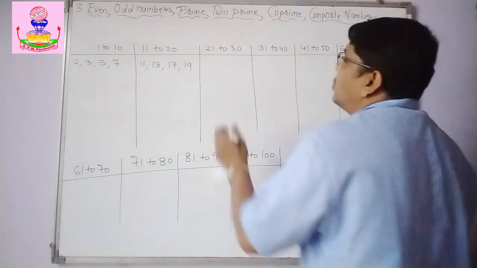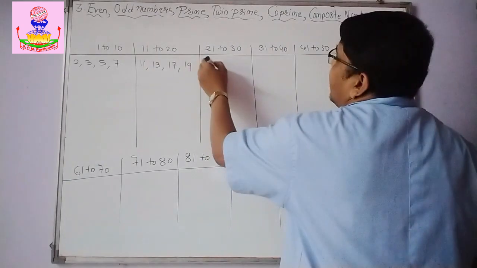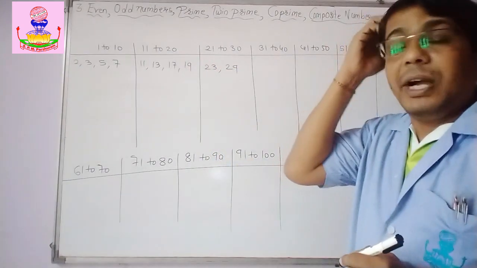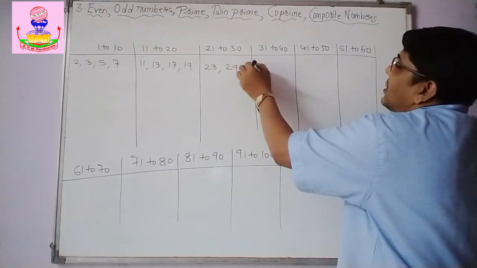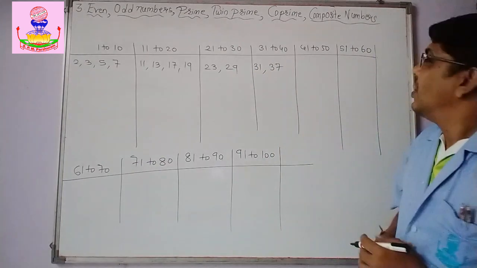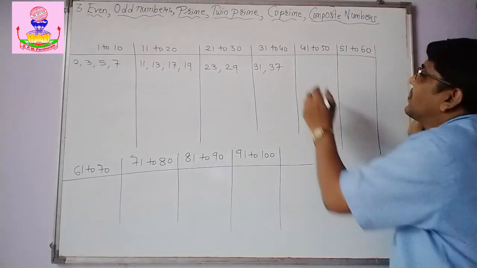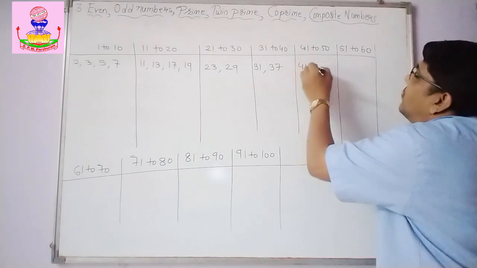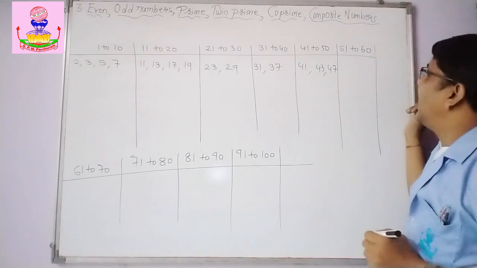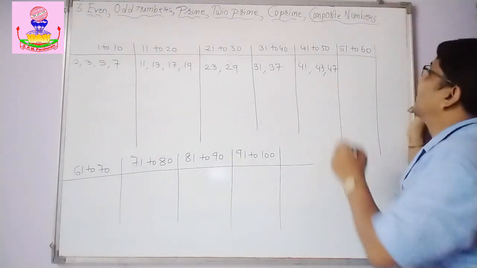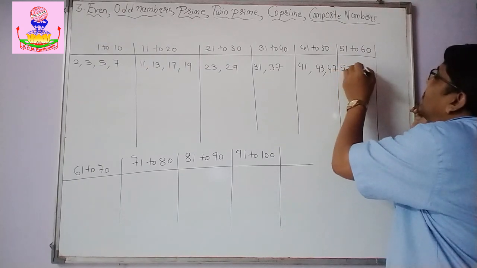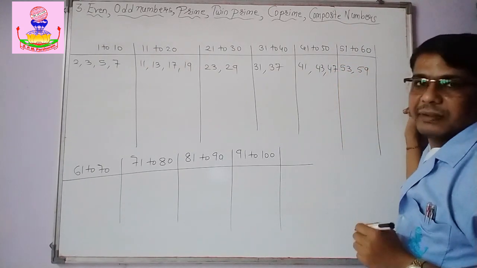Then 21 to 30: 23 and 29. 31 to 40: 31 and 37. 41 to 50: 41, 43 and 47. And 51 to 60: 53 and 59, right?